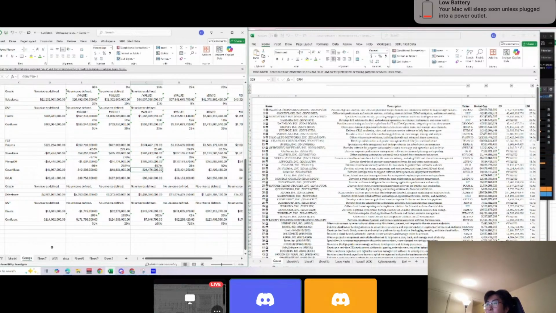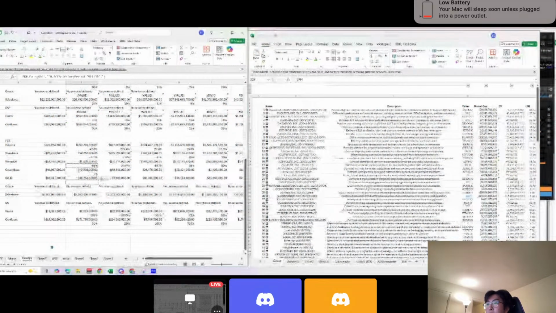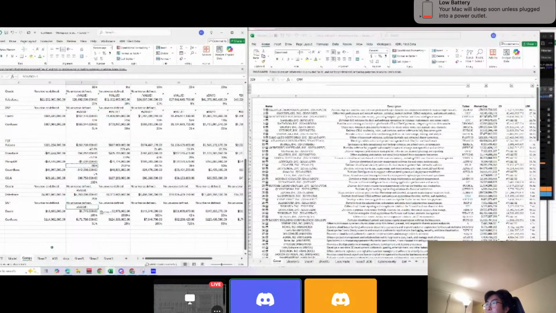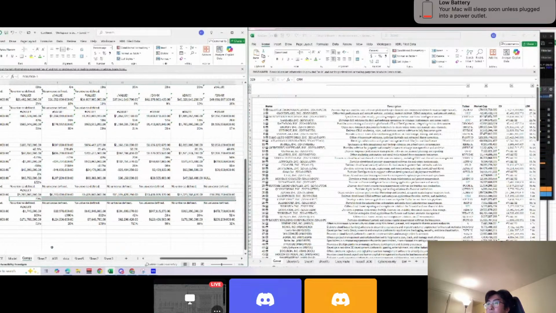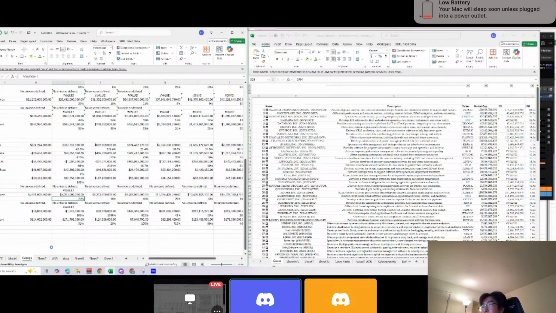Salesforce is pretty crazy. And 29% off of that? That's insane. Off of $4 billion.